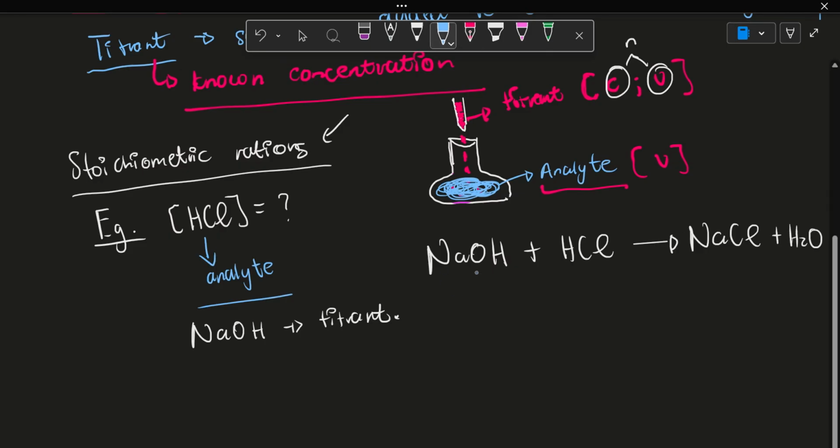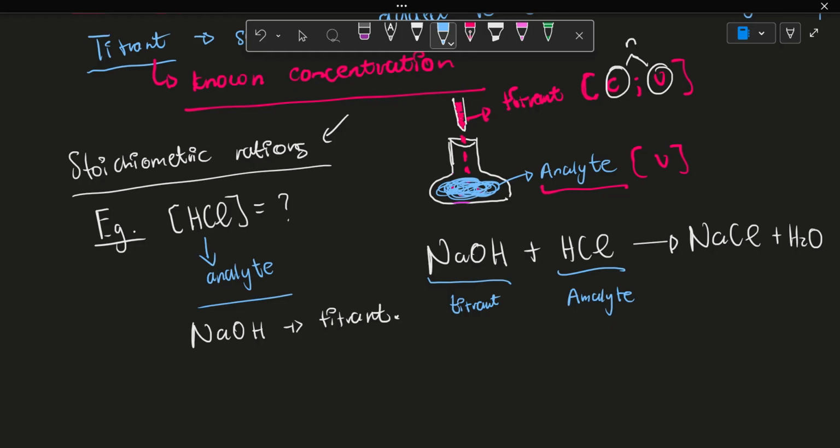Now remember, we've identified this one as our titrant and this one as our analyte. So notice something: we titrate the analyte using the titrant. We keep slowly adding the titrant to the analyte so that we can reach the equivalence point.